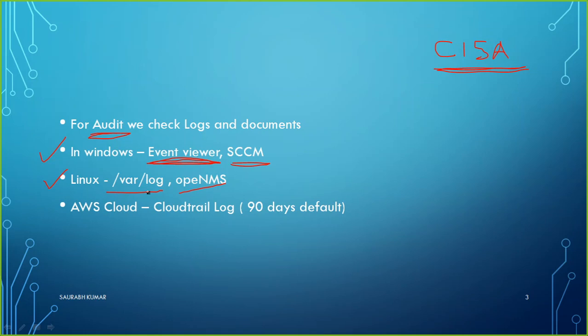If you want to have a similar kind of facility in your AWS cloud platform, then AWS offers you a service called CloudTrail. You can go to the CloudTrail service, and it maintains all the logs. By default, it can keep your logs up to 90 days.